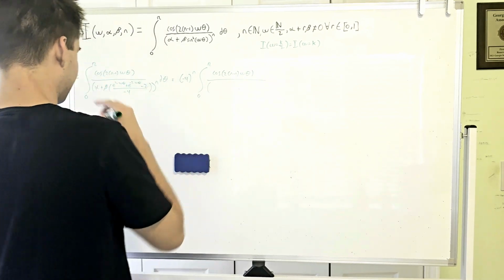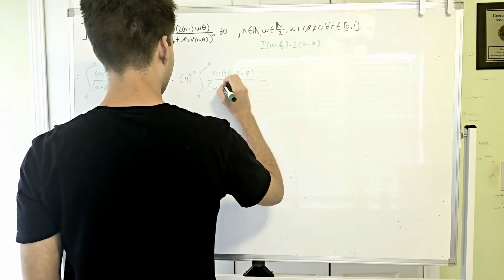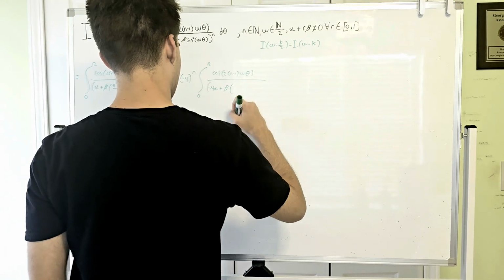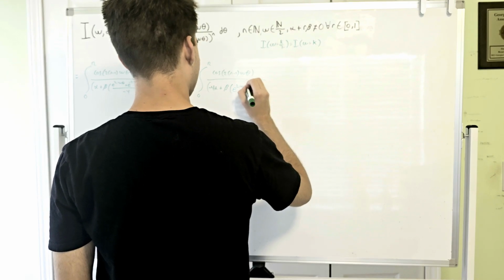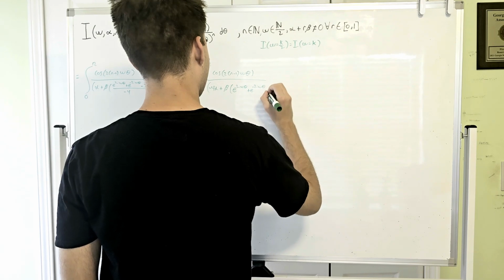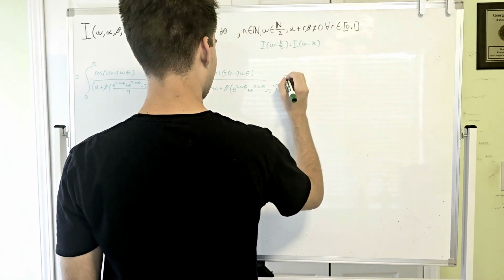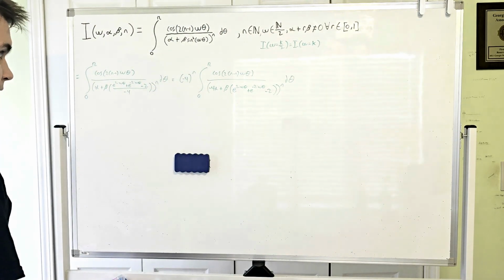Okay. So multiply minus 4 inside here. That's minus 4 alpha. I'm just going to keep the beta outside. And the minus 4 just gets canceled in here. And all that to the n. Okay, that's where we're at.